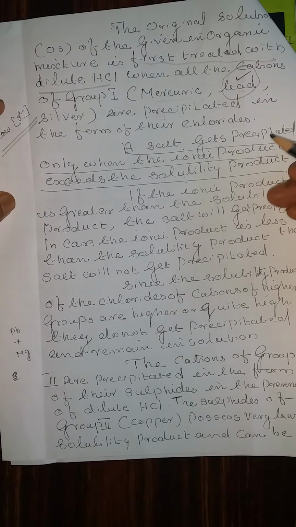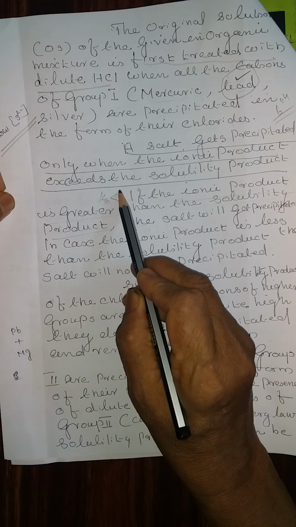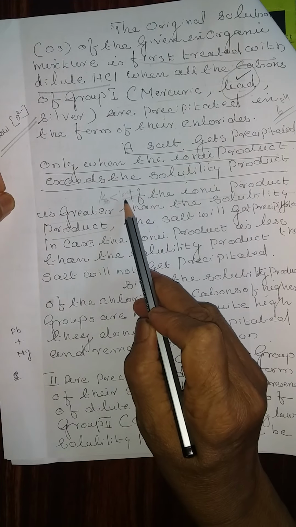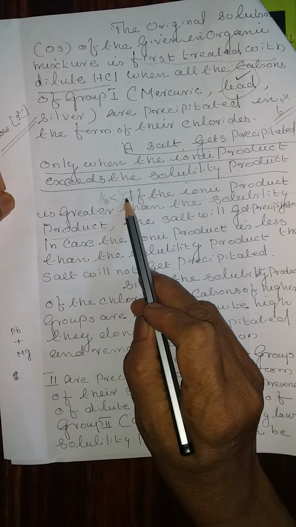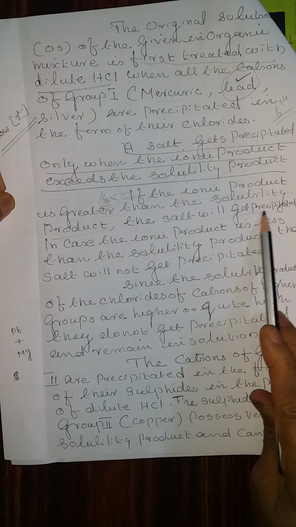If the ionic product is greater than the solubility product, then the salt will get precipitated. That is the theory. When you compare the Ksp and the ionic product, if the ionic product exceeds the Ksp, then the salt will get precipitated.